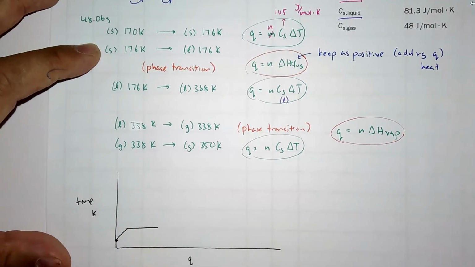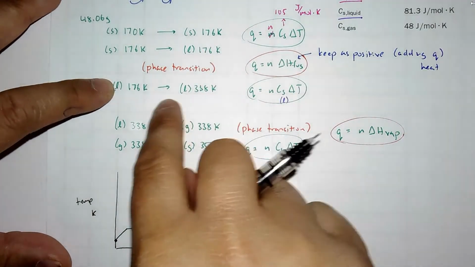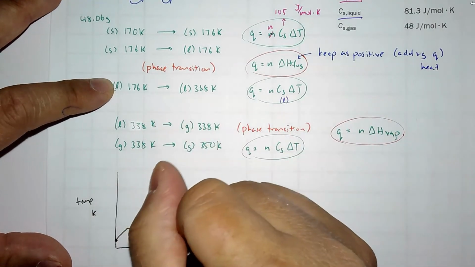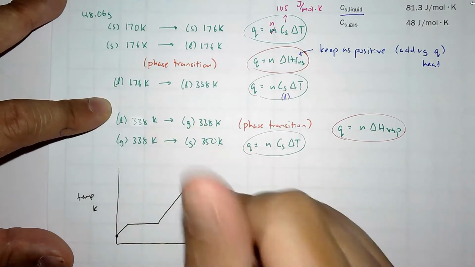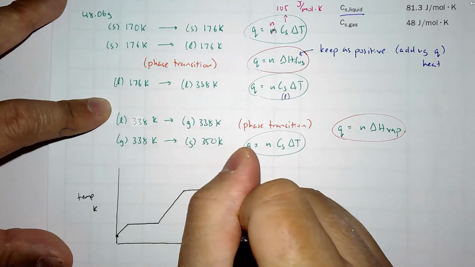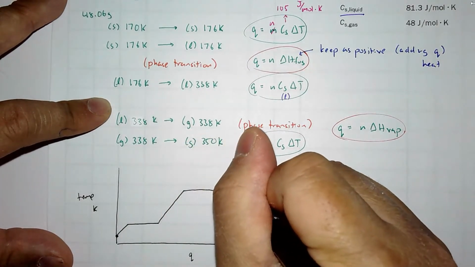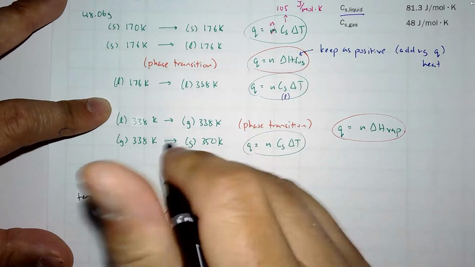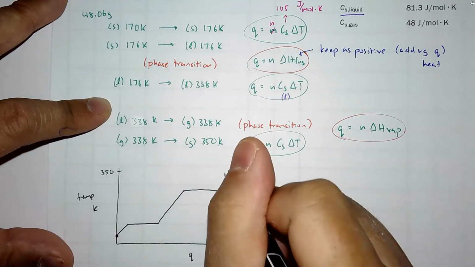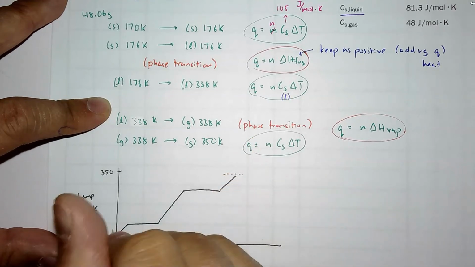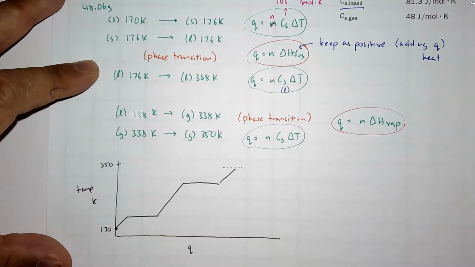It plateaus even though you're adding Q. We get everything into a liquid, and then we raise the liquid all the way to 338, and then we hit another plateau, because that's the liquid-gas transition, and then we heat up the gas to 350 K. So I'm not going to jot down all the numbers, but we end up at 350 K, and we started at 170.